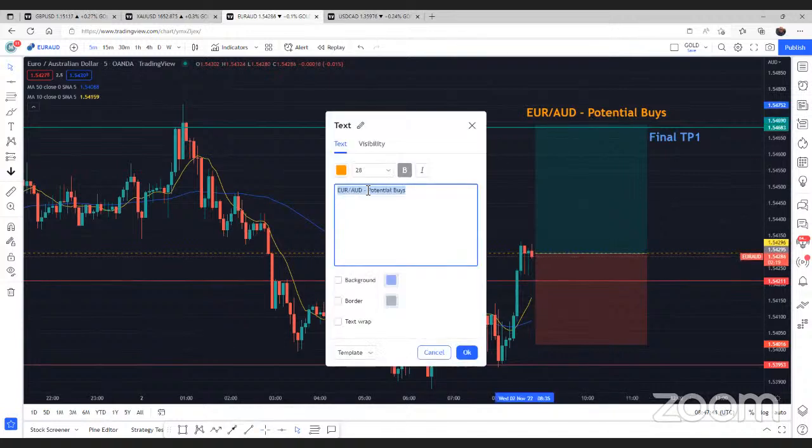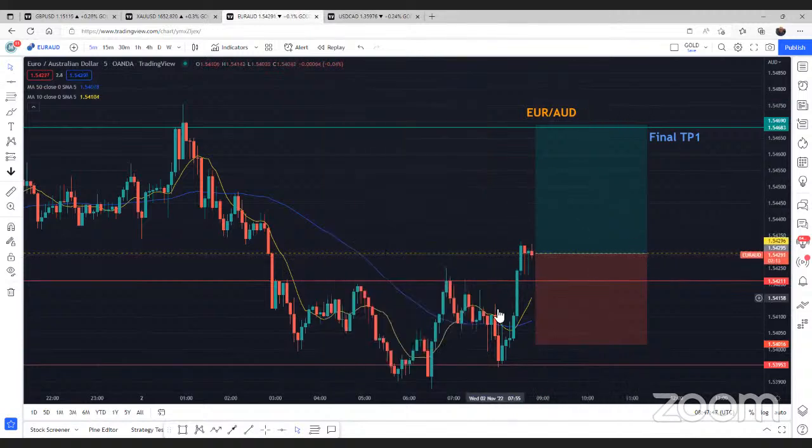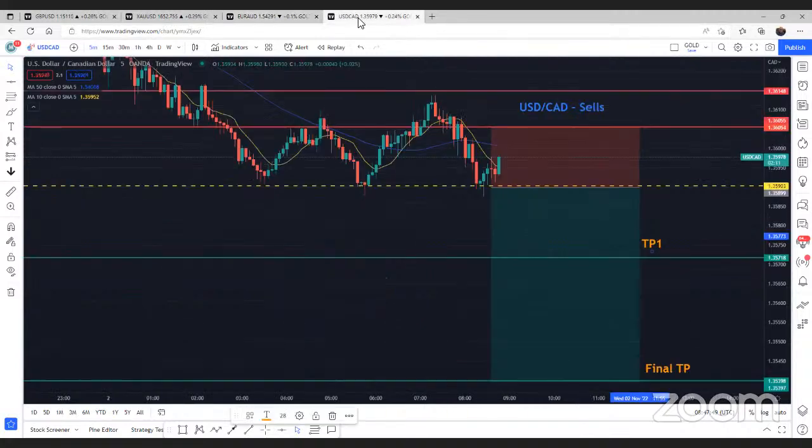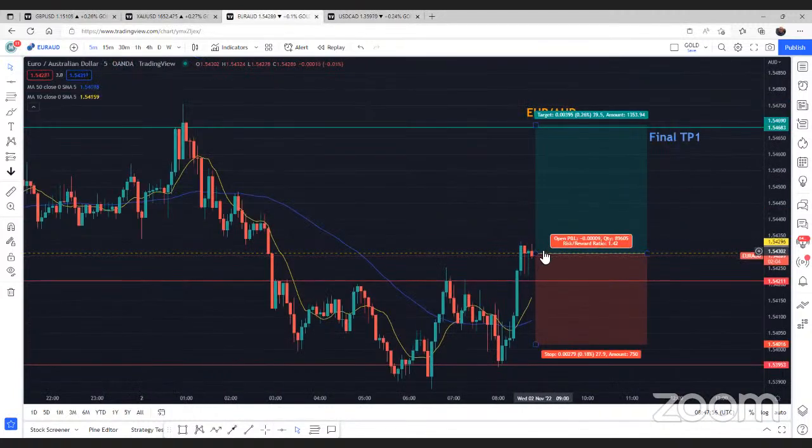So this is not a potential buy anymore. This is a buy because I am in it now. So I am in two trades: the USD CAD, which is not going in our direction at the moment, and also the Euro Aussie dollar.